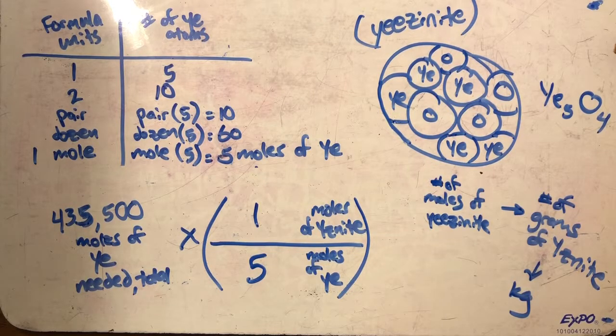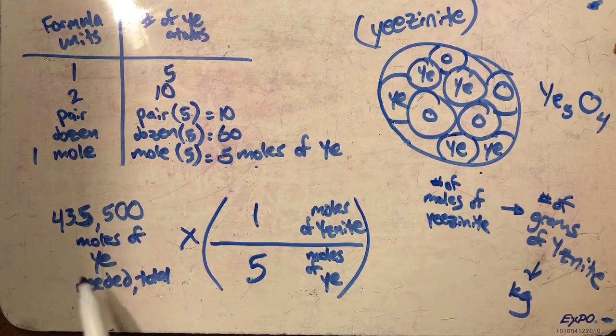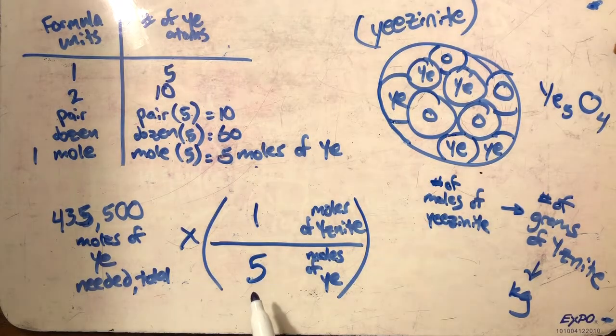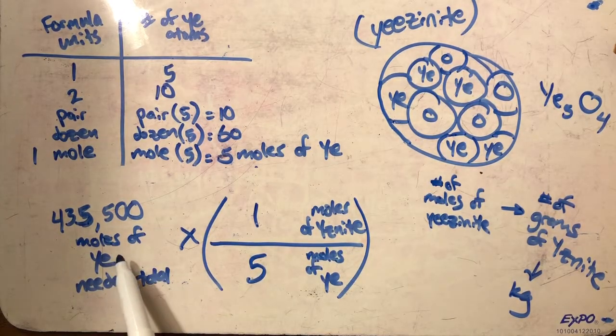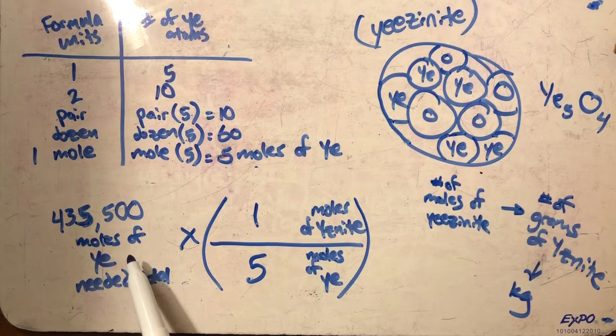And if we just look at this for a second and try and see if this is reasonable, we can ask ourselves, okay, this conversion factor is 1/5. If we multiply any number by 1/5, is it going to make this number bigger or smaller, or stay the same? It's going to make it smaller, right?